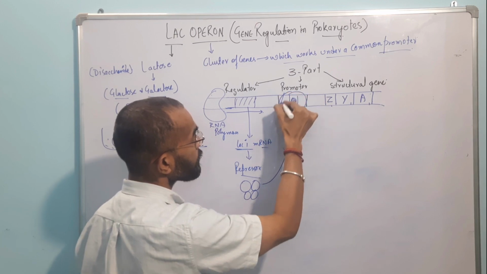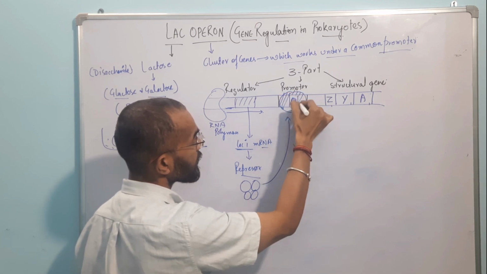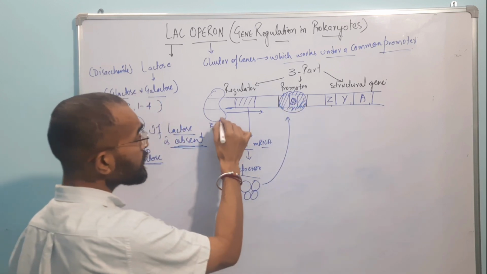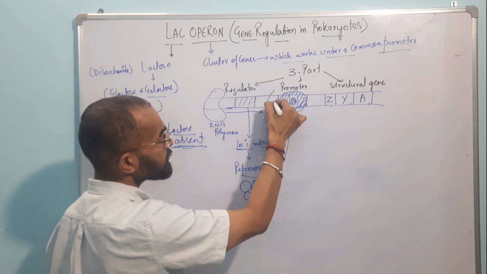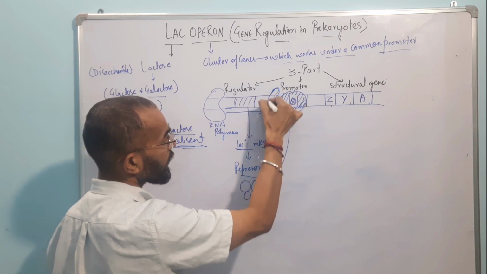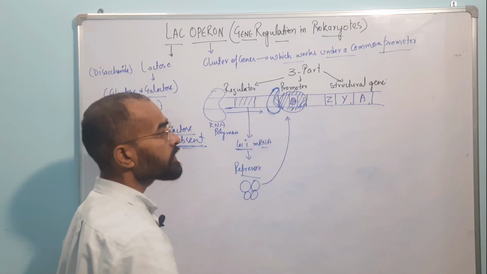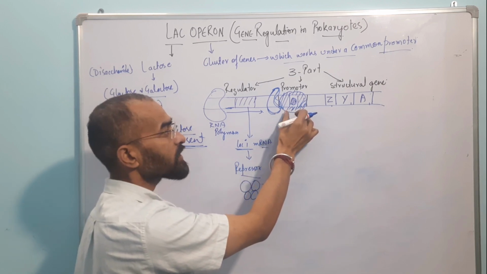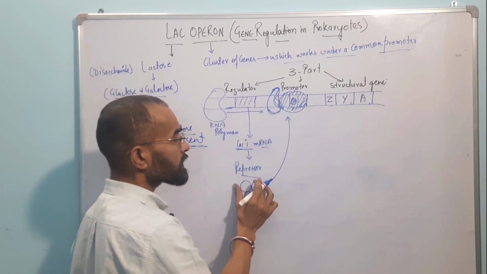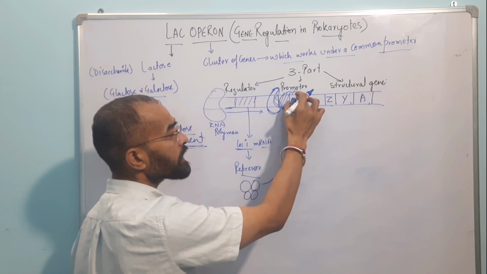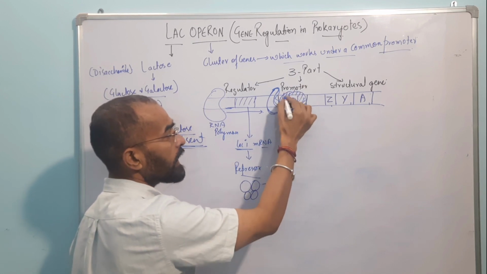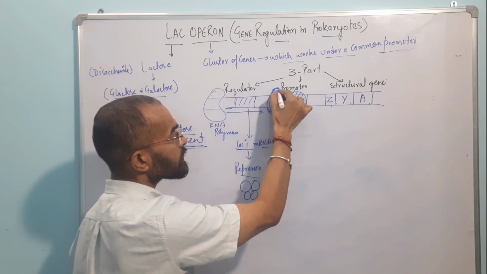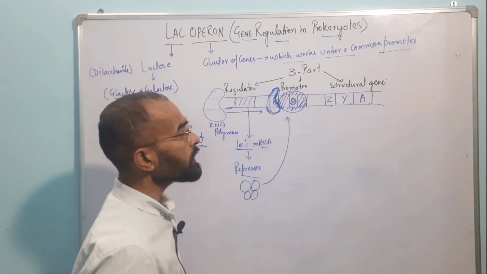Let us say promoter and repressor attach in a way like this. When the polymerase reaches this site, there is a hindrance of repressor present at the promoter site. That is, repressor is attached on the operator site of promoter, and it blocks the passage for RNA polymerase.